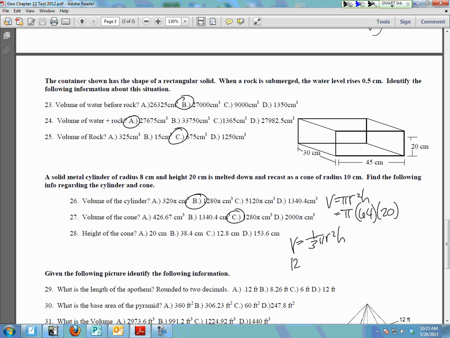So we need to take 1,280 pi equal to 1/3 pi. They say we're recasting this thing to a radius of 10. So we'll take 10, I'll square that, and now we're solving for h.